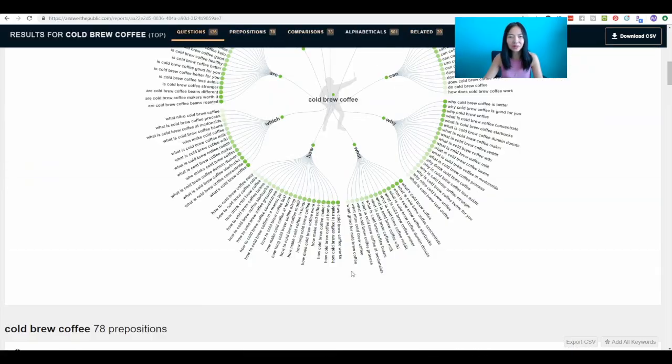Up top, you can see there's questions, 136 questions that you could be answering on your blog. There are 78 prepositions that you could be writing about, 33 comparisons, and alphabeticals, 501. I think these are maybe keywords. We'll go down there to look in a second, and there's 20 related things.